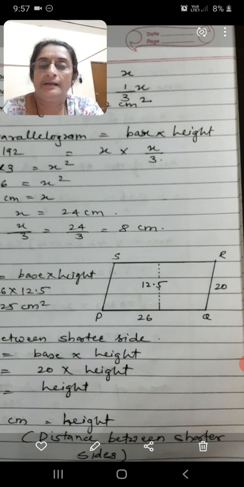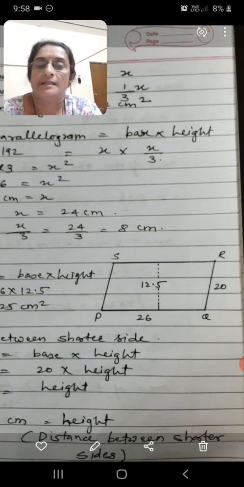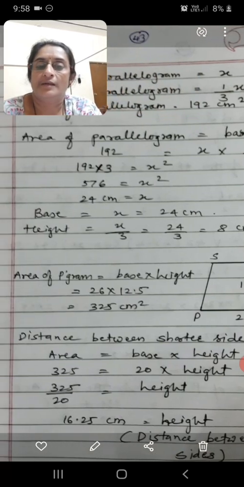Now to find out the distance between the smaller sides, you have to use base as QR, that is 20 centimeter. Use the same formula. Area is equal to base into height. Area we already found, that is 325.